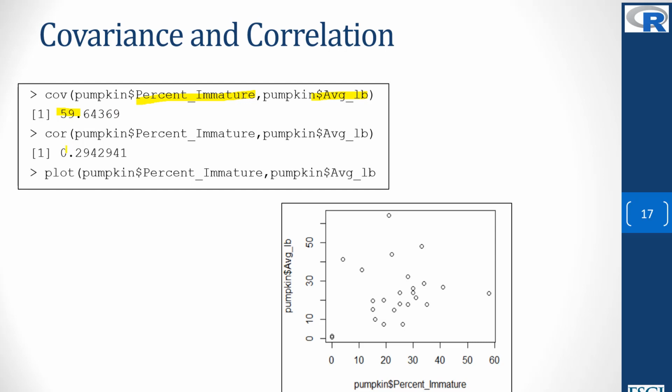Now to examine the strength, we run the correlation function, COR, with the same data, the two variables, percent immature and average weight. And you see we get a 0.29 value. So values between -1 and 1 indicate the direction of the relationship as well as the strength. And the 0.29 is about a fourth of the way up on the positive relationship scale. So it's a fairly weak positive relationship between the two.